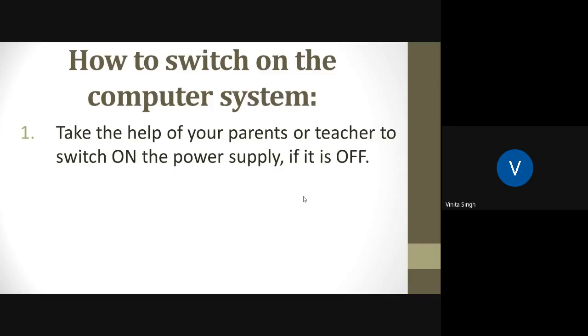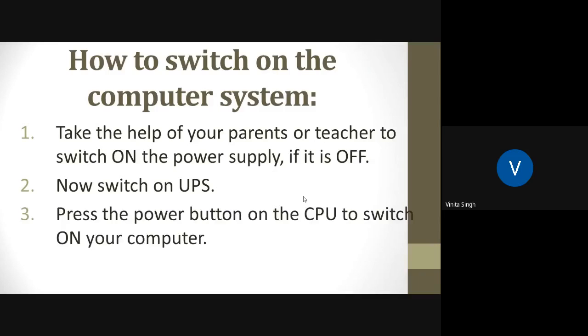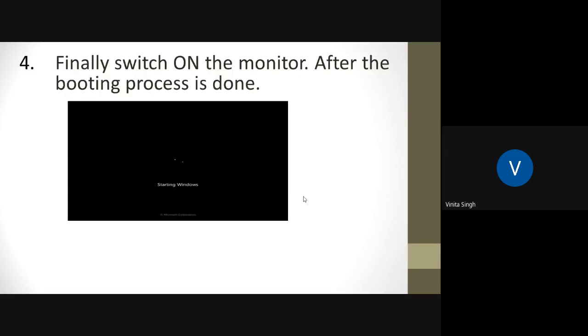Please take the help of your parents to do so, or else you may harm yourself. Now, switch on the UPS. Press the power button on the CPU to switch on your computer system. And finally, switch on the monitor.